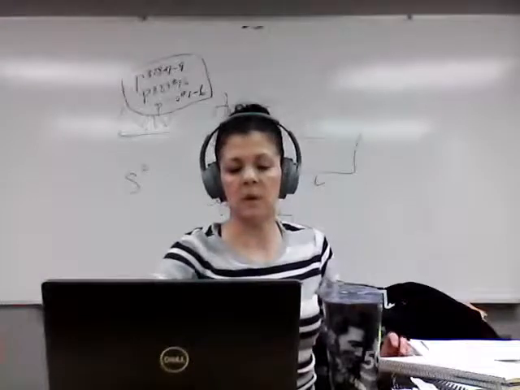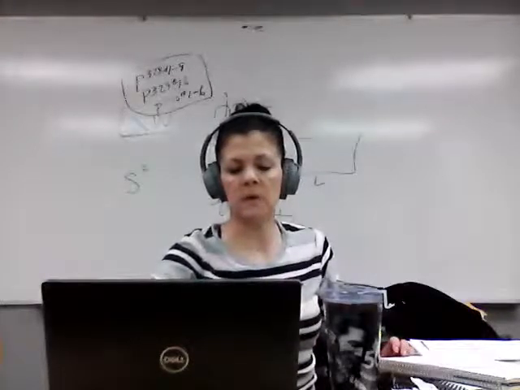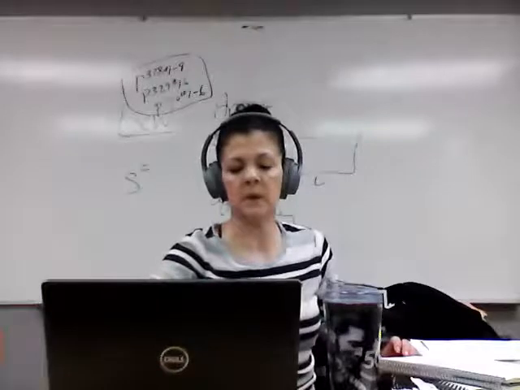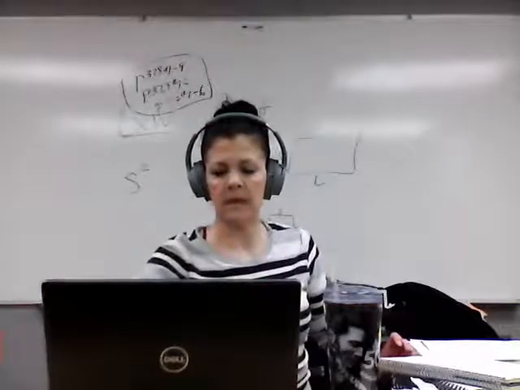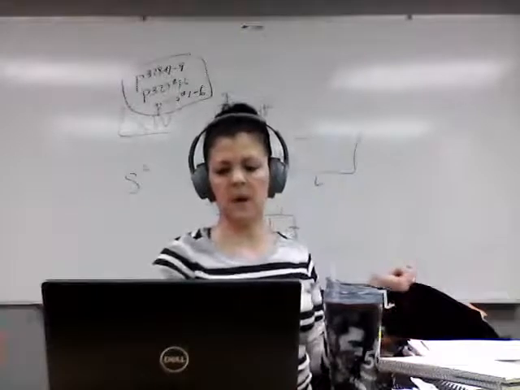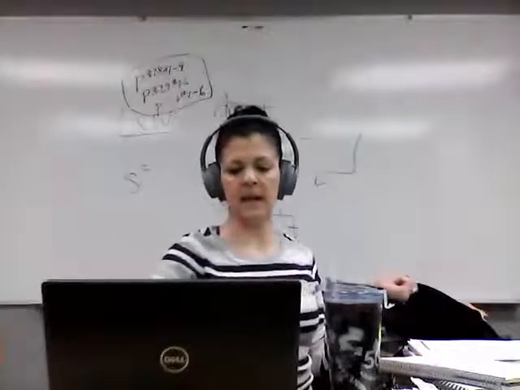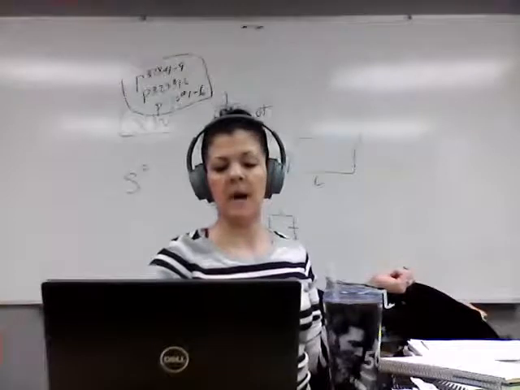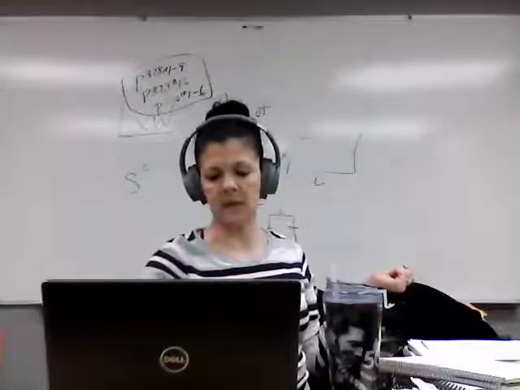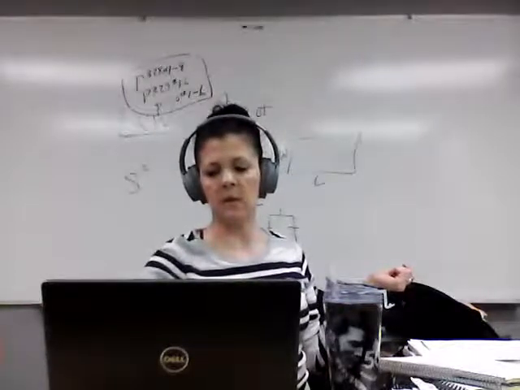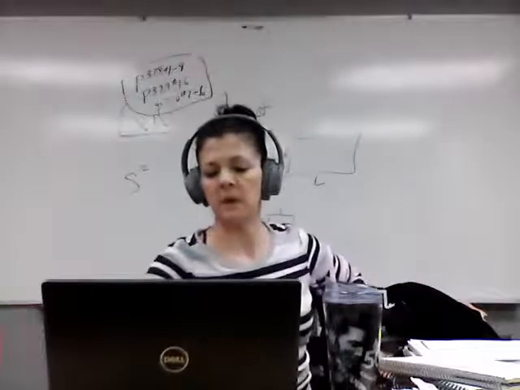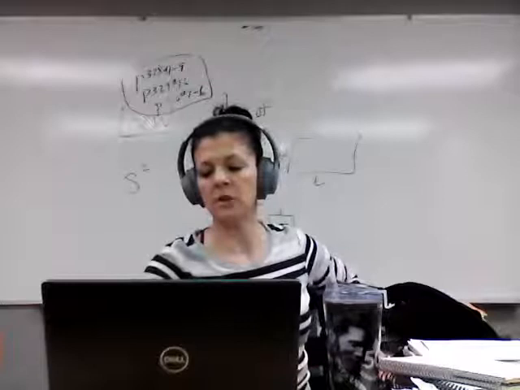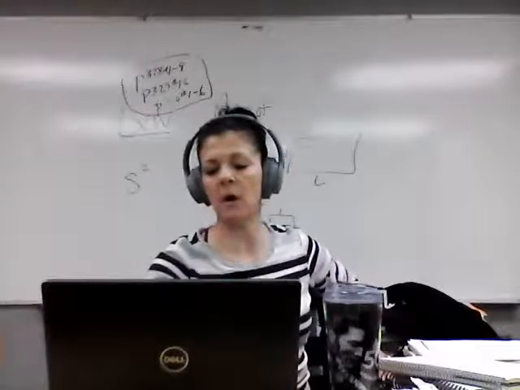Okay, so y2 minus y1 over x2 minus x1. So what's y2? 0 minus y1, which is 0, over negative 3 minus a negative 1. So it's 0 over, that's negative 2. So my slope is 0.